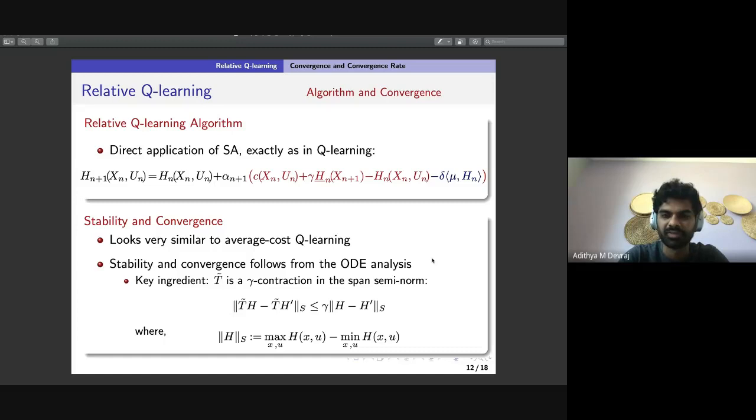To establish stability and convergence of the algorithm, firstly, this recursion looks very similar to the average cost Q-learning algorithm of this paper by Abounadi, Bertsekas, and Borkar, and we can use very similar techniques to establish stability and convergence of this algorithm here.